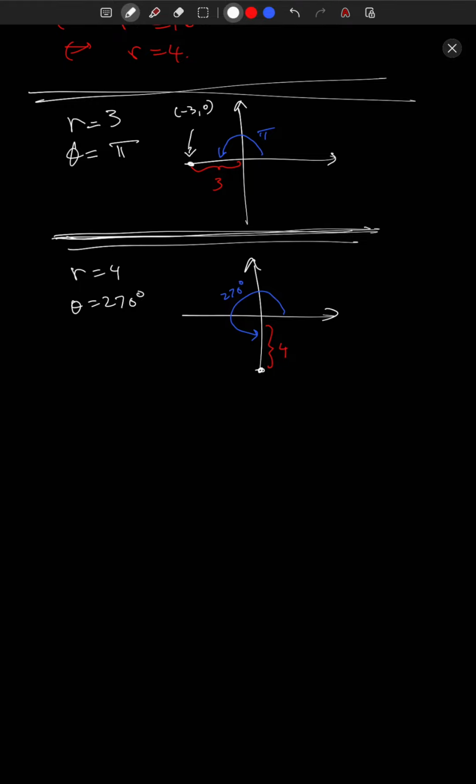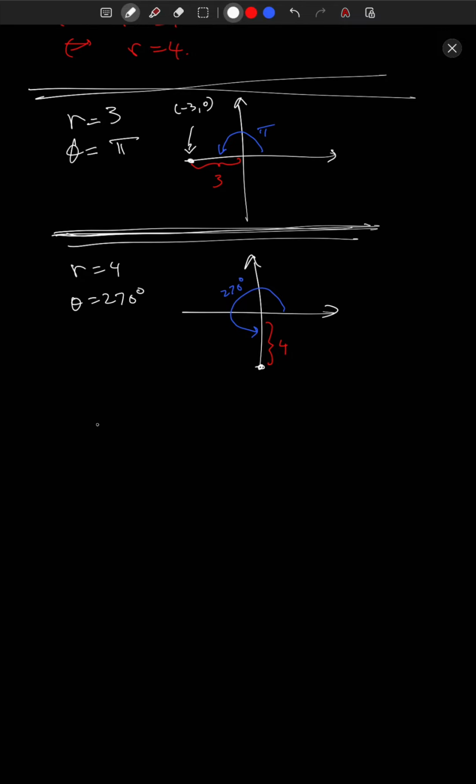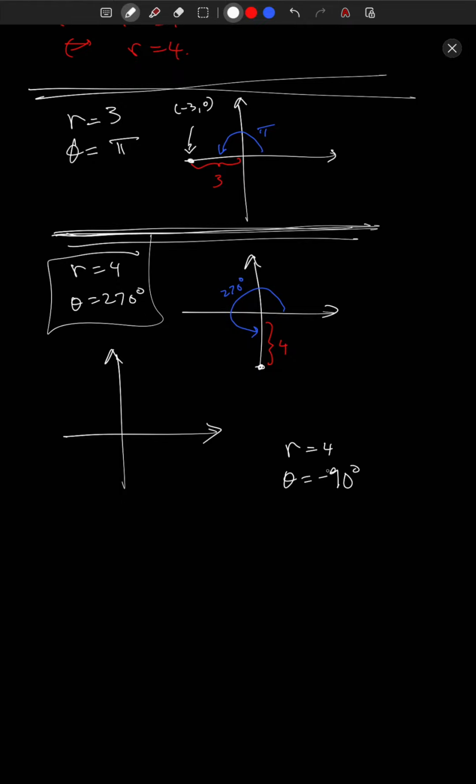So, well, okay, before we do that, what about theta as a negative number? So that's perfectly legal. We've actually been kind of implicitly doing that quite a bit. So this guy right here, r equals 4, theta equals 270, is the same as r equals 4, theta equals minus 90 degrees. All right.